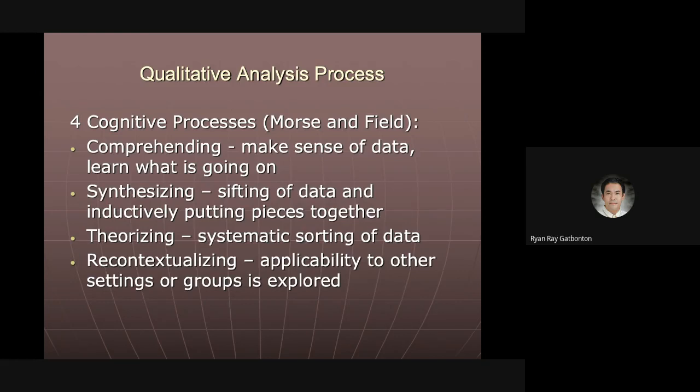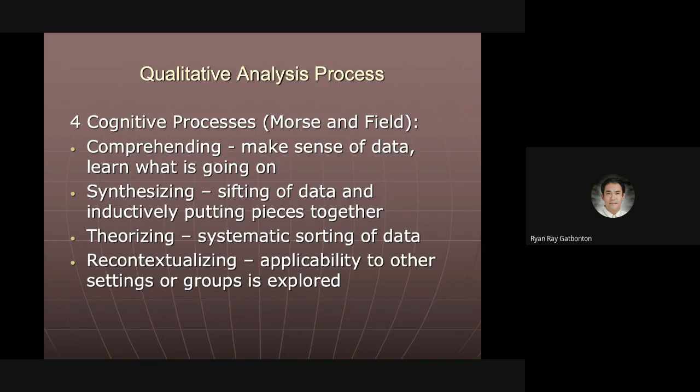The next stage is your synthesizing process, where you sift your data and you inductively put it into pieces. Sa madaling salita, it's like connecting your puzzles in the synthesizing phase. You try to make sense sa una, you try to connect naman ngayon in synthesizing.